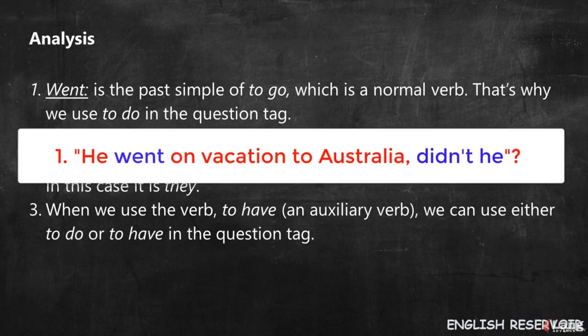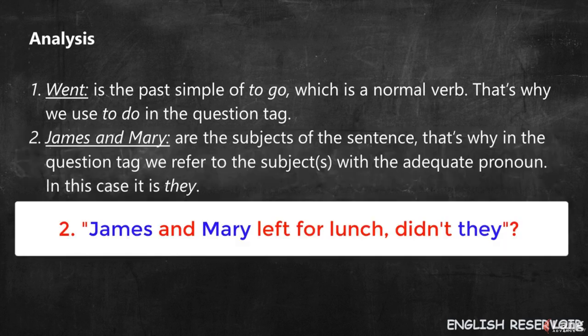Analysis. 1. Went is the past simple of to go, which is a normal verb. That's why we use to do in the question tag. 2. James and Mary are the subjects of the sentence. That's why in the question tag we refer to the subject or subjects with the adequate pronoun, of course.